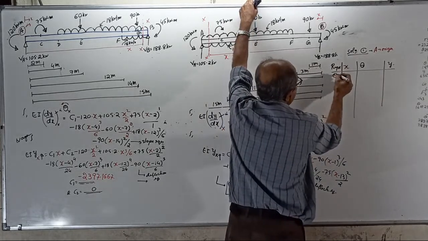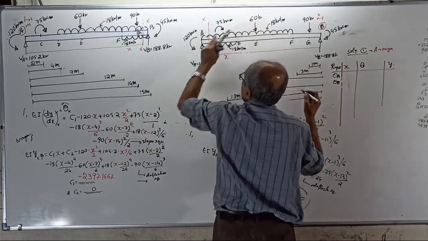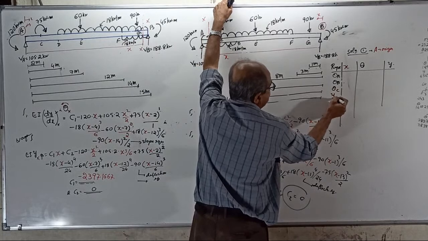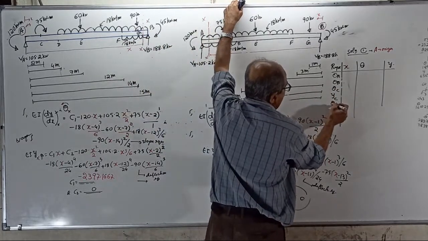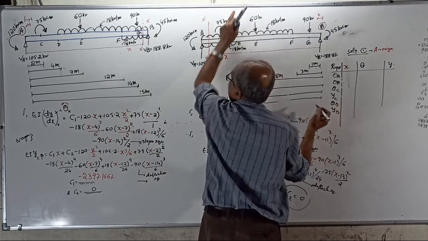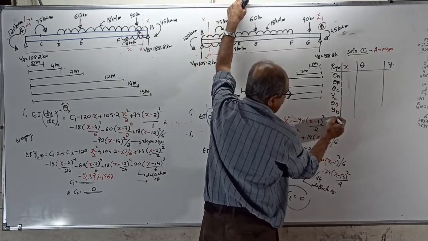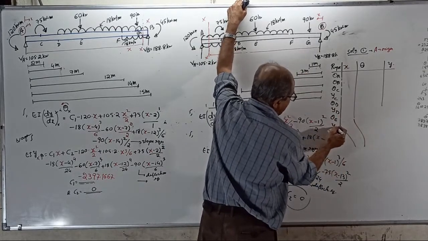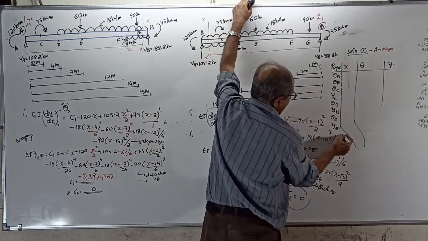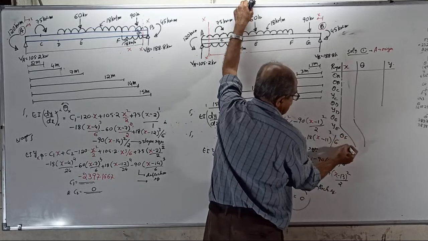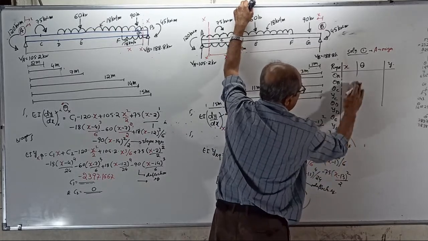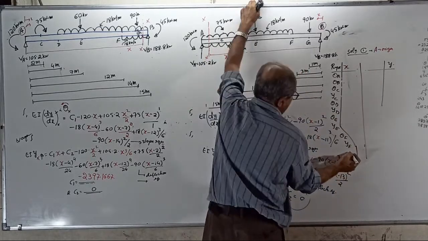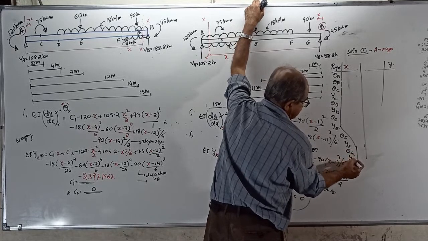Required theta A, required theta B, then required theta C, required deflection at C, required theta D, then deflection at D. Required theta E, then required deflection at E, then required theta at F, deflection at F, then theta G, deflection at G you require.